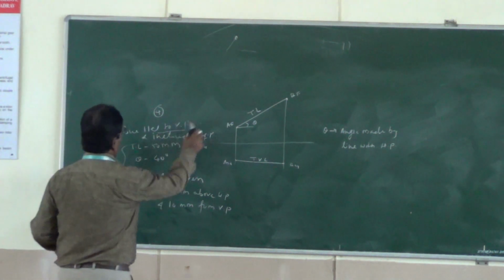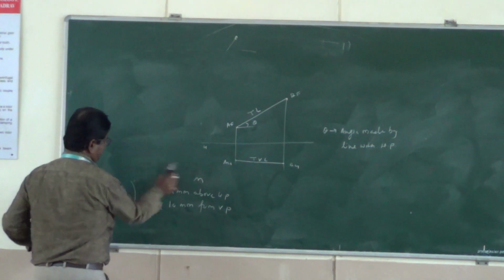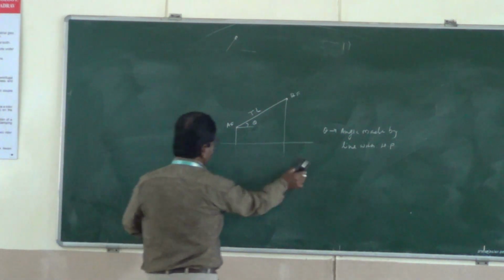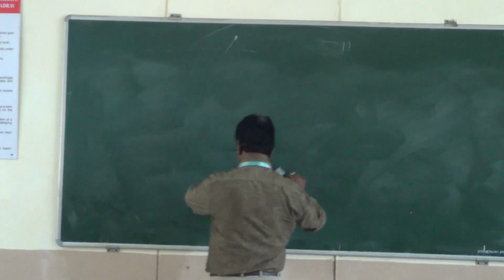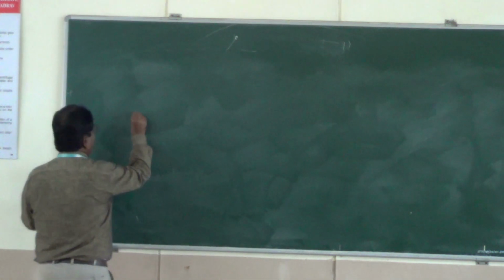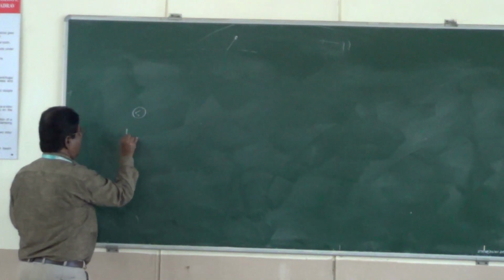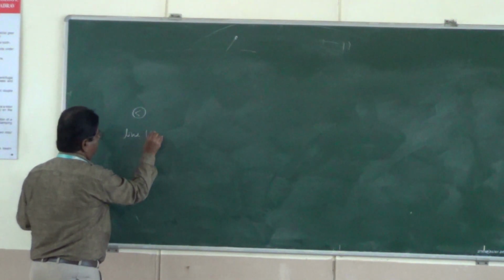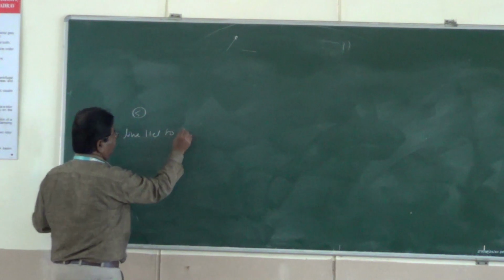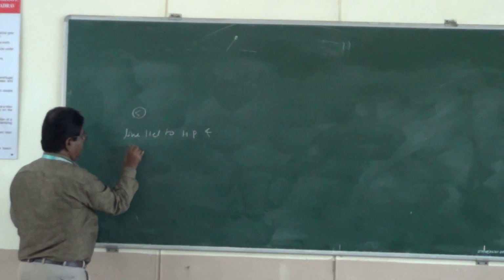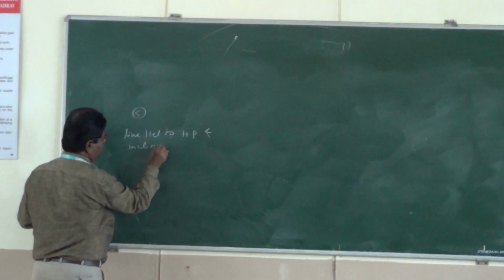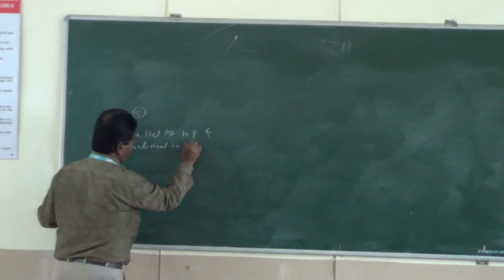Now exactly opposite to this, the fifth type of line. Okay? Now you see that the fifth type of line is parallel to HP and inclined to VP.